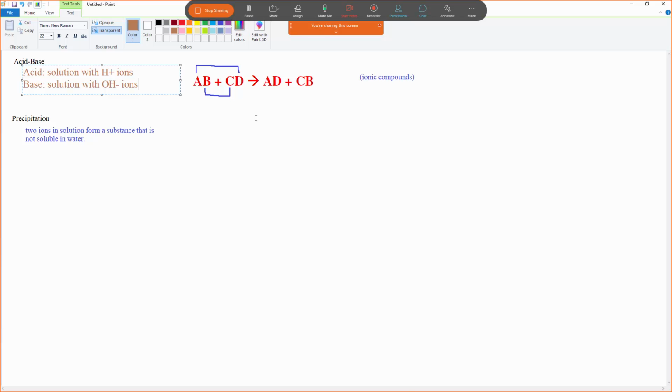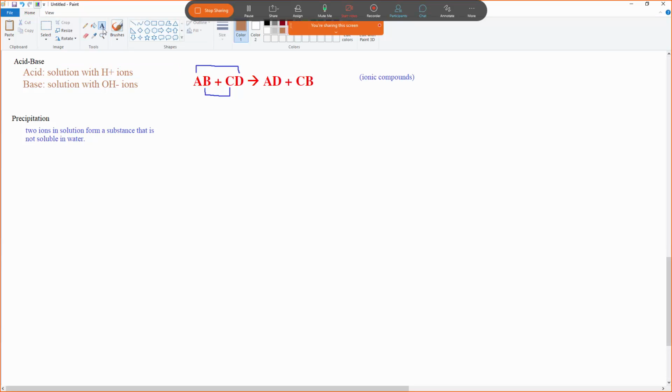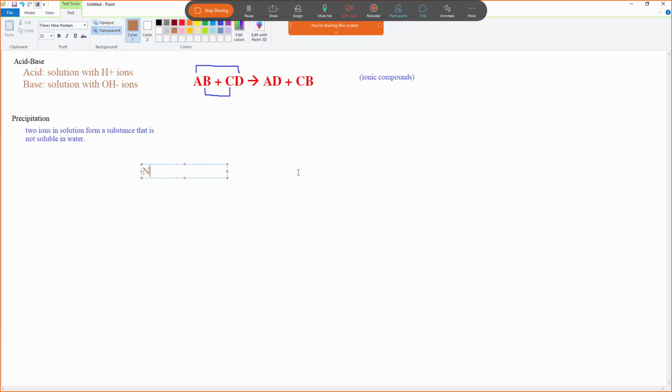Okay, so for instance, with some examples, I'm just going to toss a few things out here. You can tell me if these look like they're acids or bases.